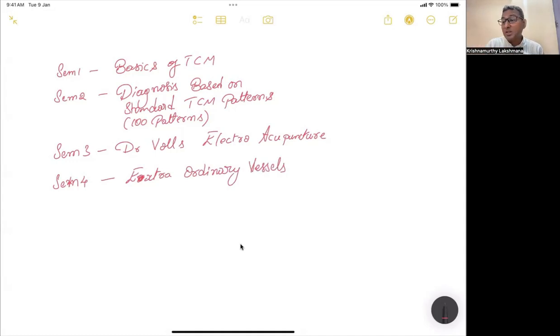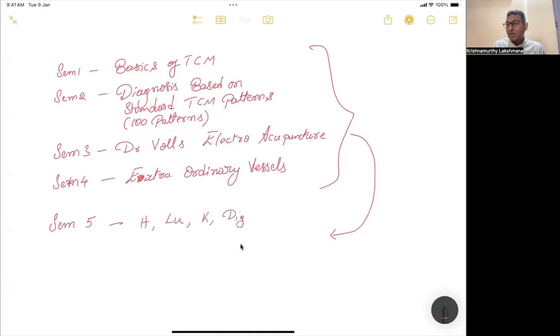Now, what do we learn in semester 5? Whatever you have learned in these semesters, clubbed. So we start learning in treating individual organs. In semester 5, we learn treating heart, lungs, kidney, and digestive system.